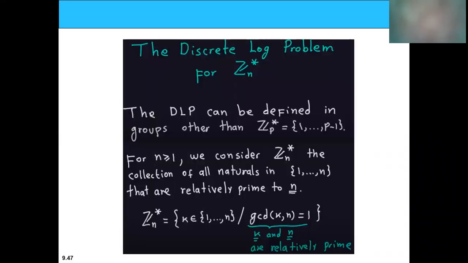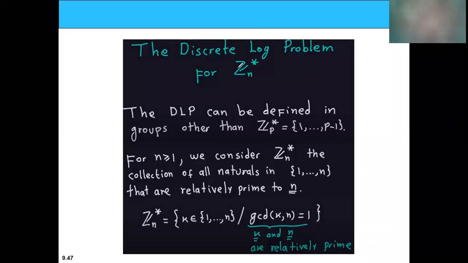So let us define the discrete log problem for Zn star. The discrete log problem can be defined in groups other than Zp star.